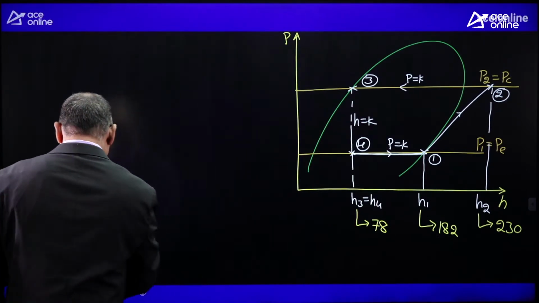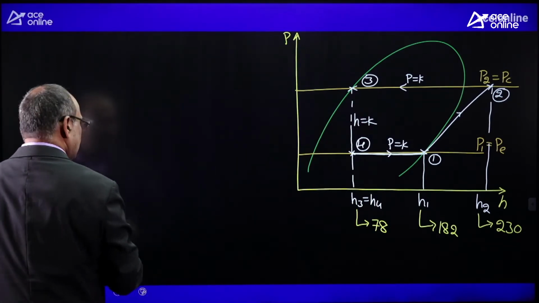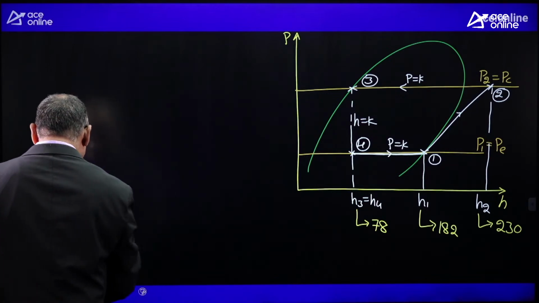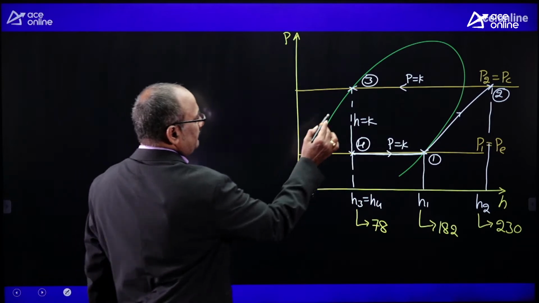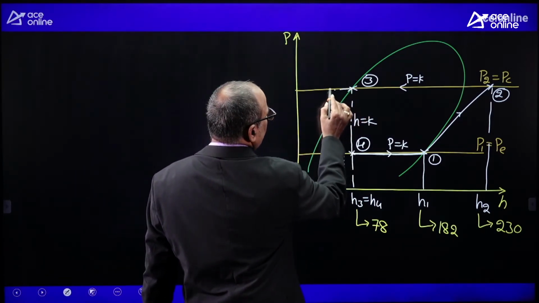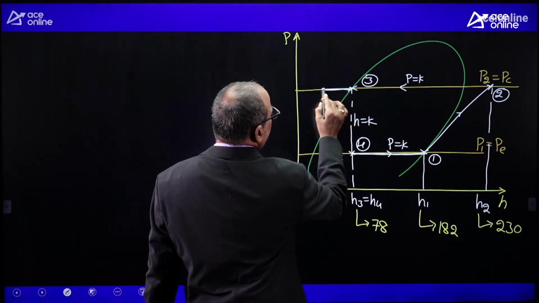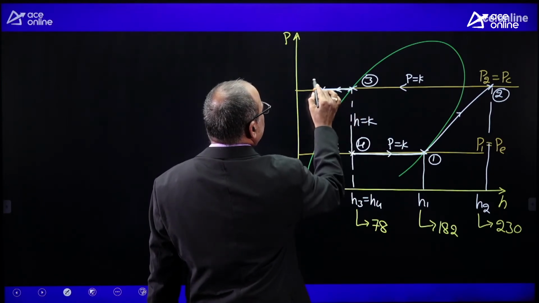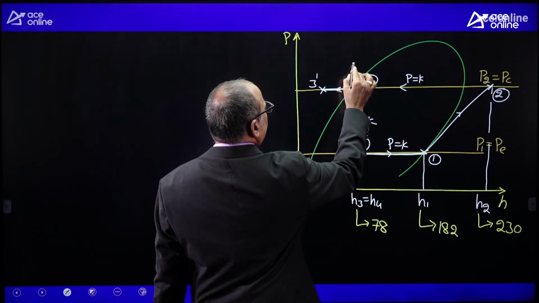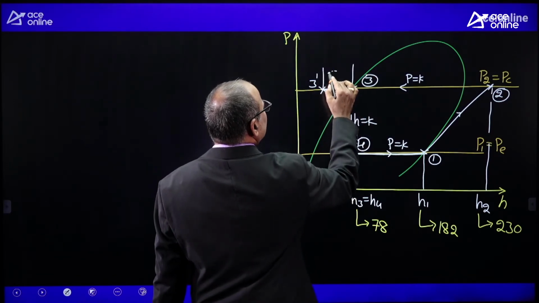Now, let us see the subcooling mechanism. Subcooling means the method of further cooling the refrigerant below saturation temperature by supplying some extra coolant to the condenser at constant pressure.